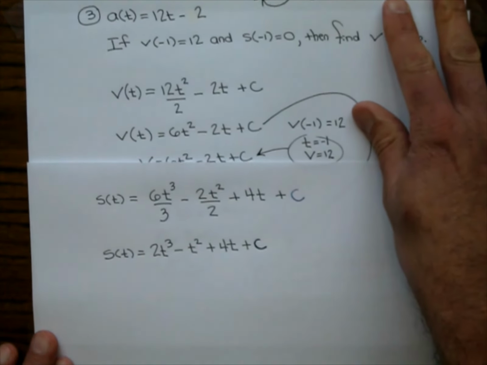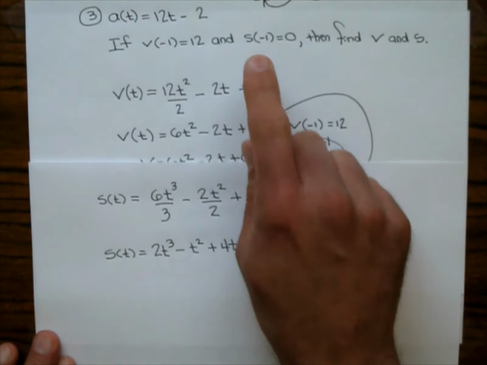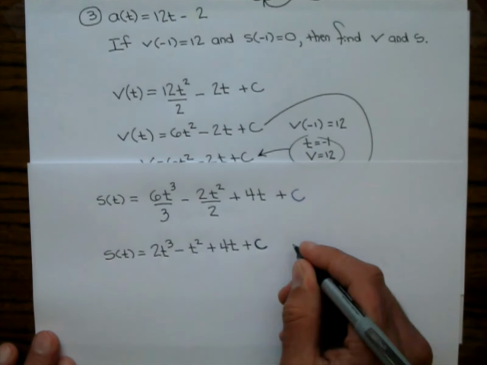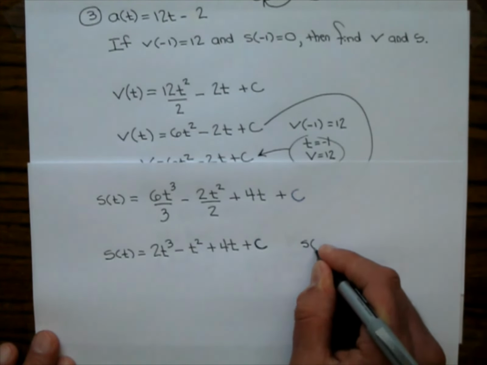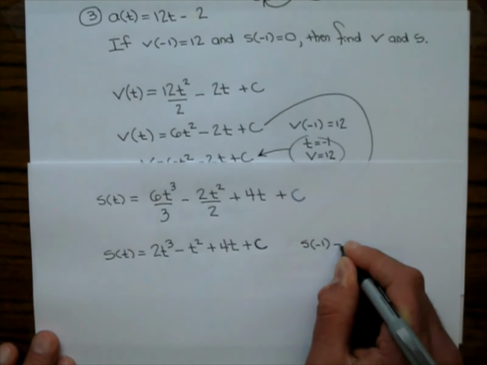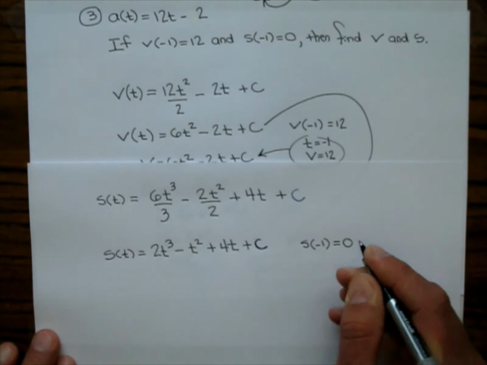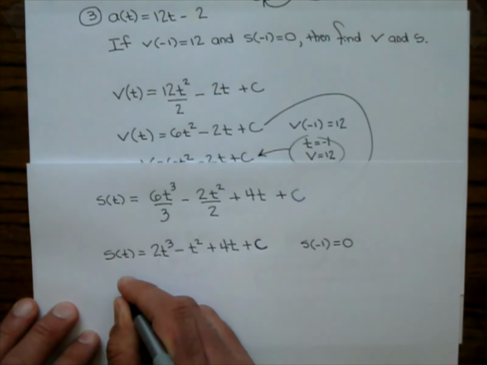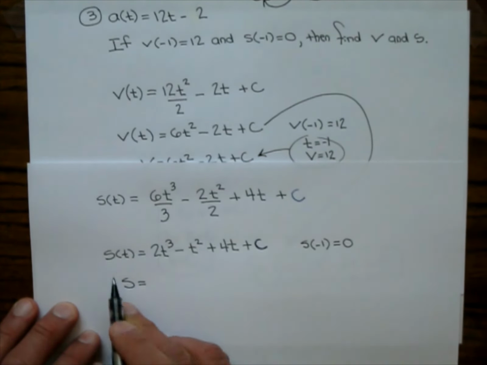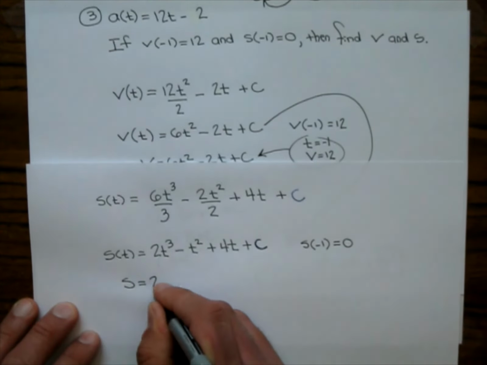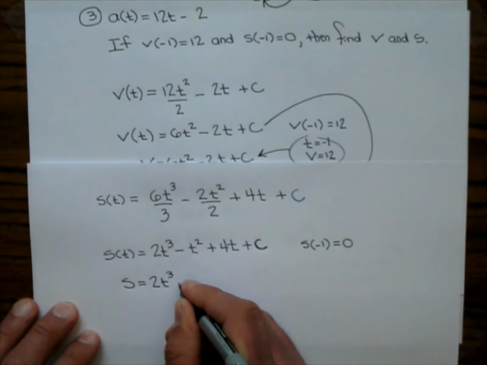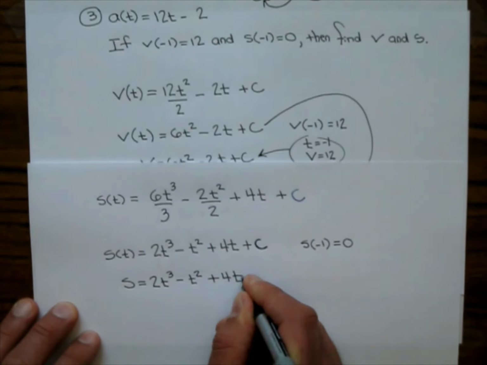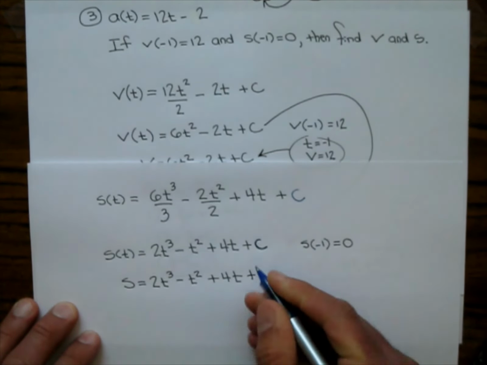We are supposed to use this initial condition. We're supposed to use s of -1 equals 0, because that was given to us. You don't have to write this step, but this is really just s equals 2t cubed minus t squared plus 4t plus blue c.